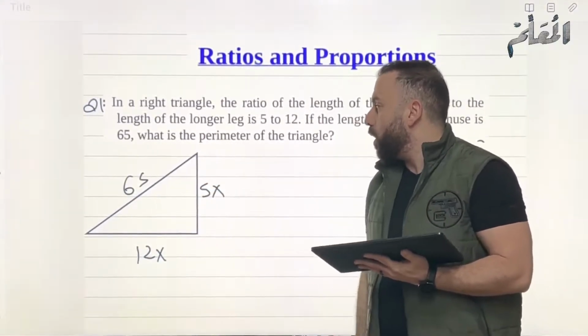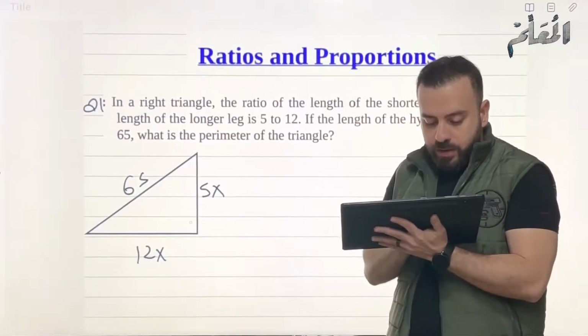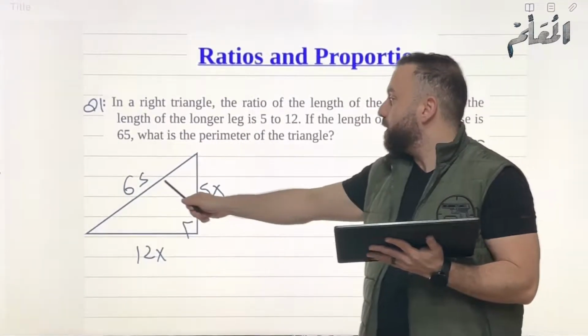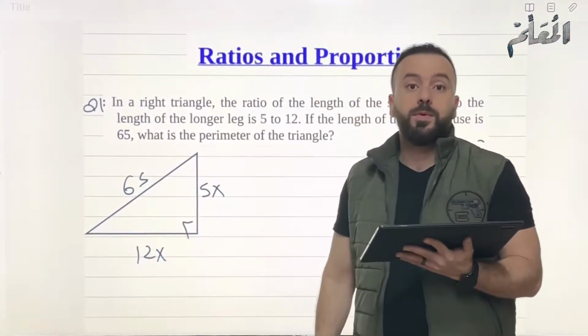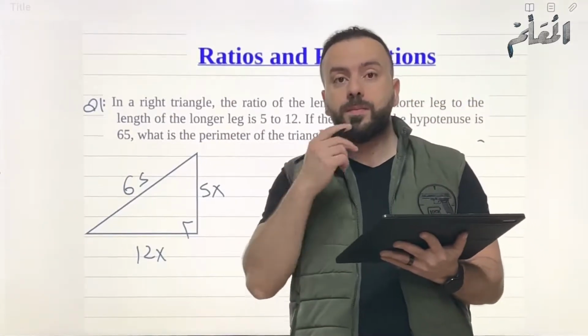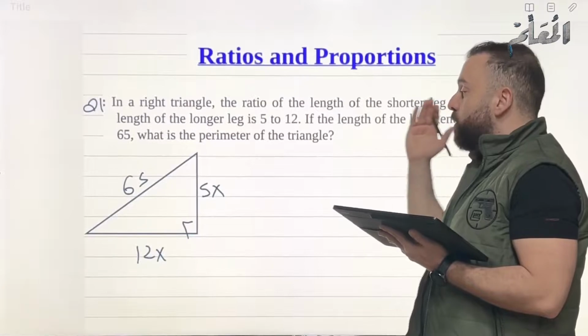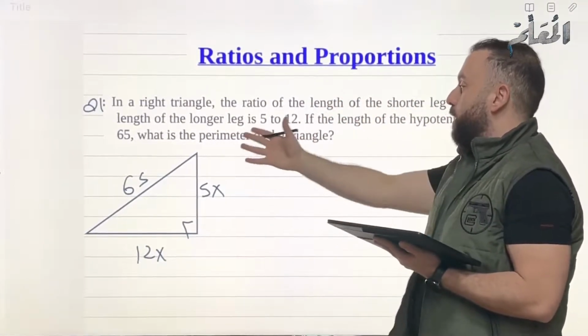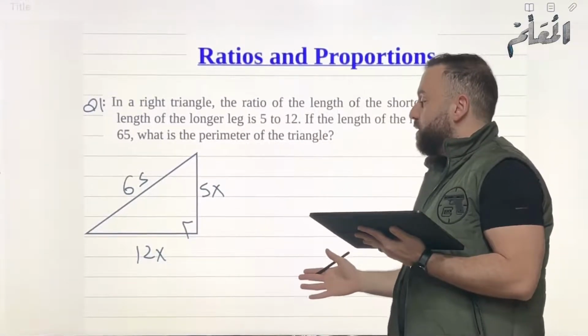65. Now I have the right triangle, as you can see here. This is 65, 5x, 12x. Then what? The next step is to construct the triangle and put the hypotenuse with the side lengths.